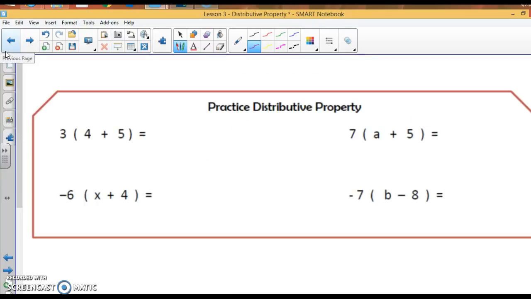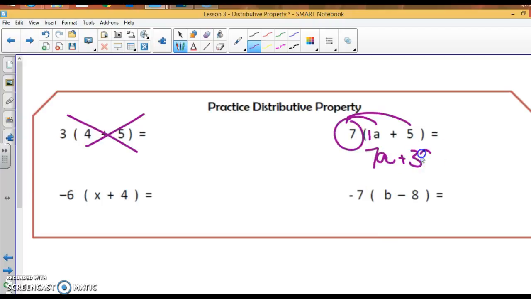Now, we are going to do this on these problems. I'm not going to worry about this one. 7 times the quantity A plus 5. 7 times A. Remember, that's a 1A. 7 times 1A is 7A. 7 times positive 5 is positive 35.